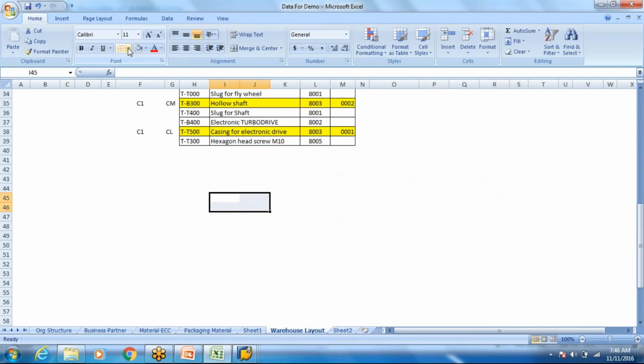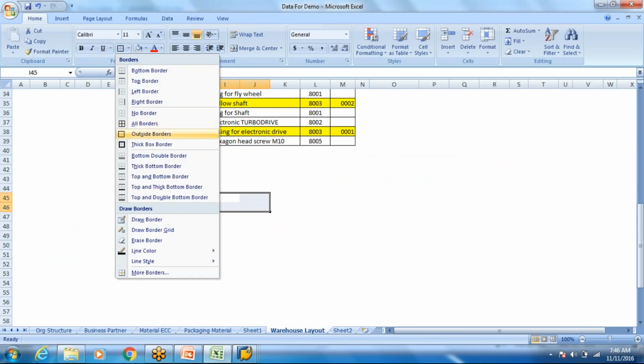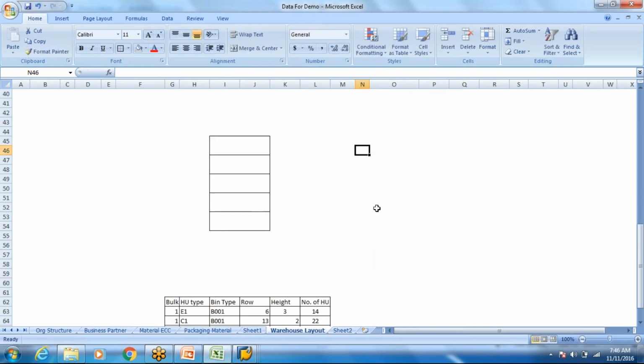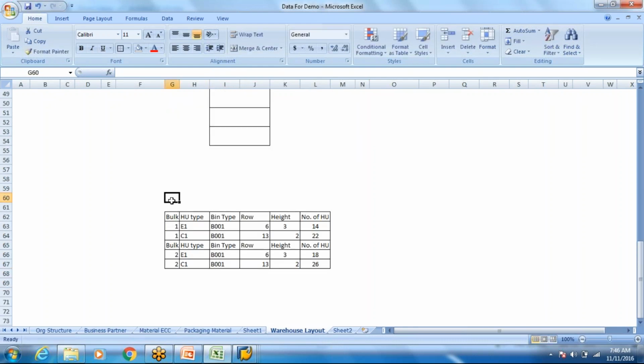Let's say this is one rack. So you have rackings, right? Aisle, stack, and level, that we have discussed so many times. This strategy is used when you store handling units in racking.